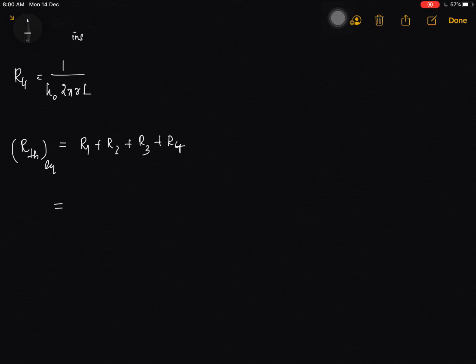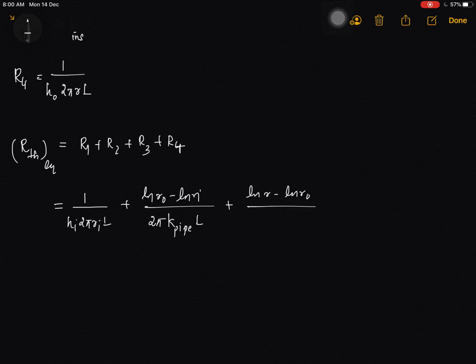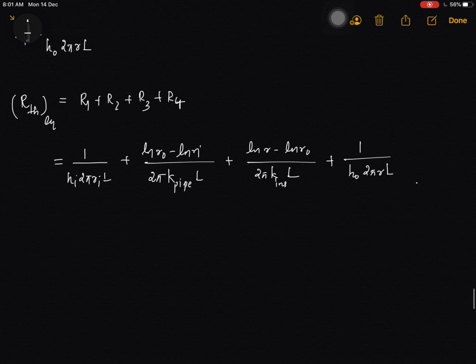Please go to the previous lecture for better clarification. So expanding this, we can write 1 by Hi 2 pi Ri into L plus ln Ro minus ln Ri by 2 pi K pipe into L plus ln R minus ln Ro by 2 pi K insulation into L plus 1 by Ho 2 pi R into L.